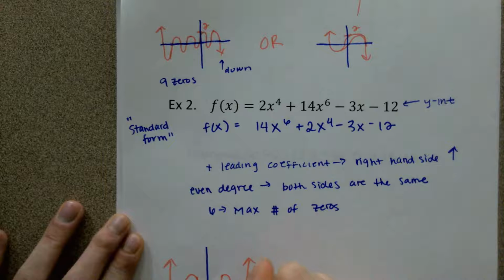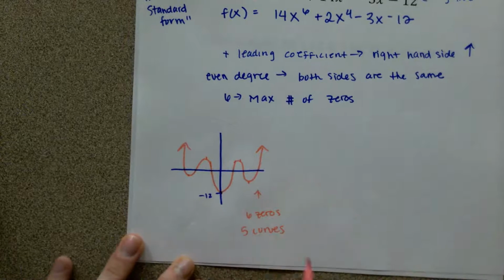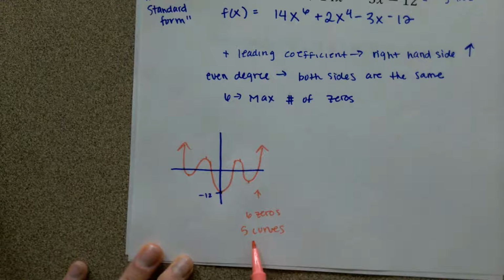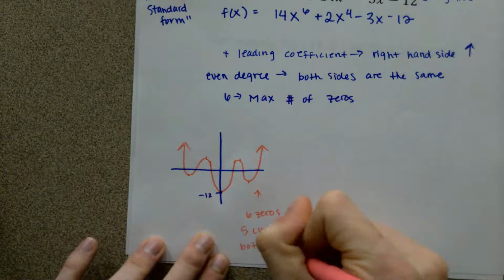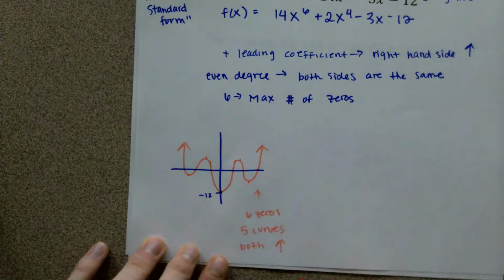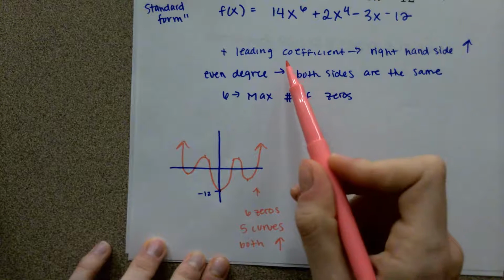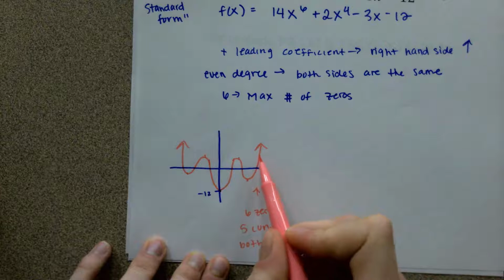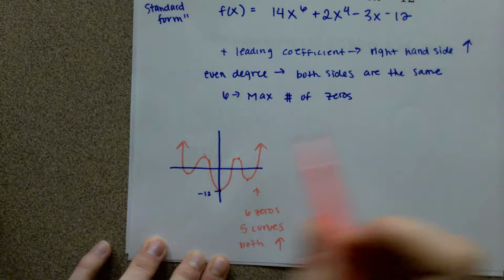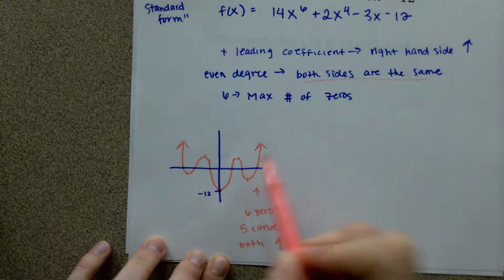Here I have 6 zeros, and I have 1, 2, 3, 4, 5 curves, one less than my number of zeros, and they are both going up, both sides, right? Because I have a leading coefficient that is positive, and I have an even degree, which means my right-hand side is going up, which means both are going up since they do the same thing.